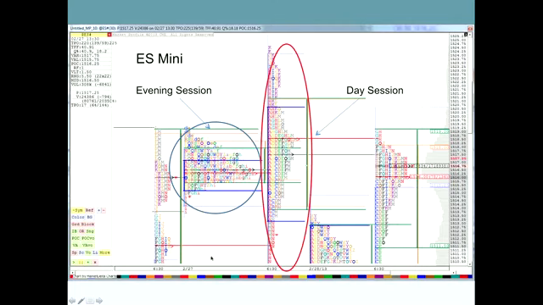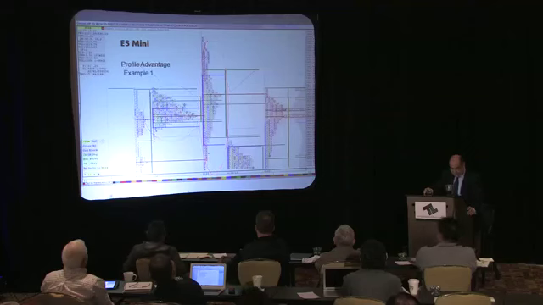So now when we begin stacking up the profiles next to one another, we begin to see a whole different dynamic come into view. And let's take a look at one key example here to show the profile advantage.